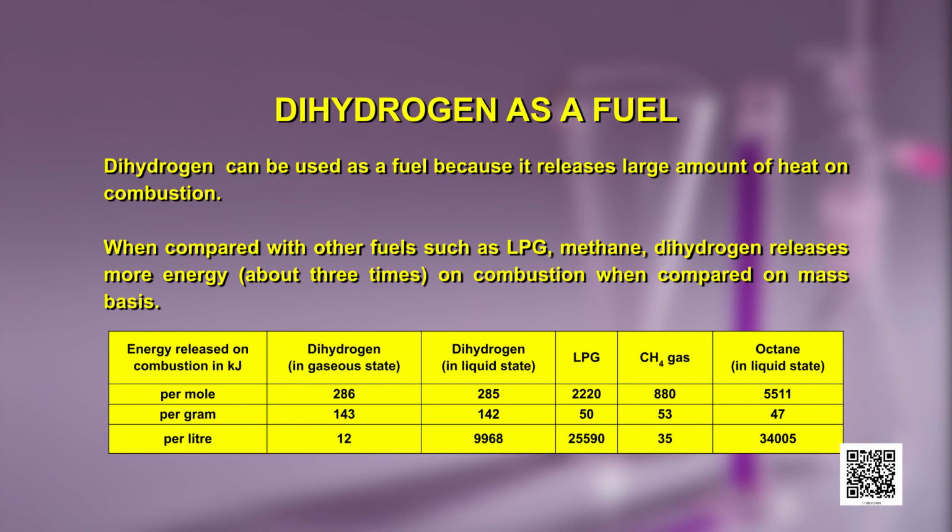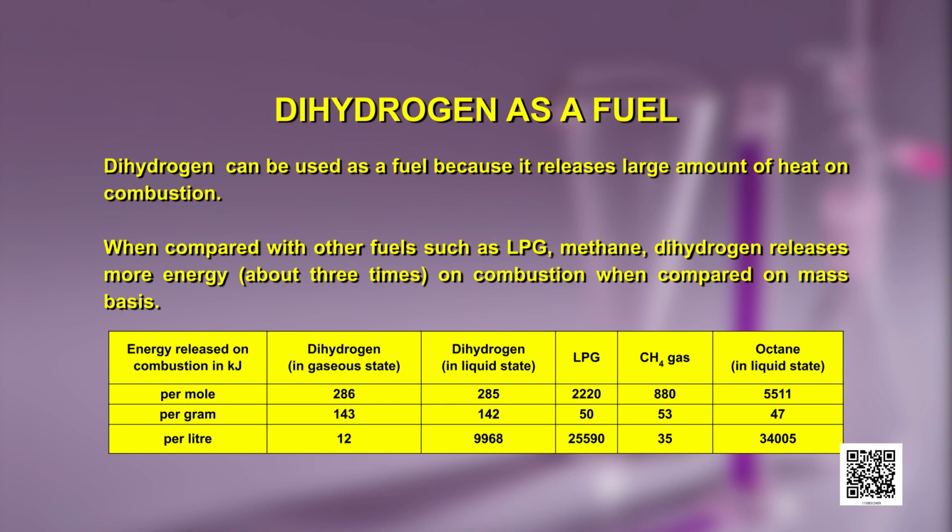If you see the table here for comparison of different fuels and compare that per gram of the fuel on combustion, the energy released is maximum for dihydrogen. If you see the data given in the table, in the second row you can see that dihydrogen in the gaseous state gives us per gram an amount of energy equivalent to 143 kilojoules, and in the liquid state it gives us energy equivalent to 142 kilojoules per gram.